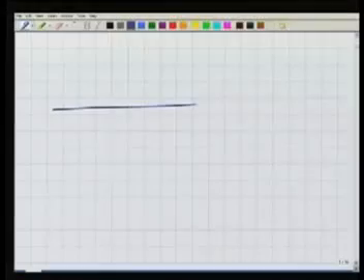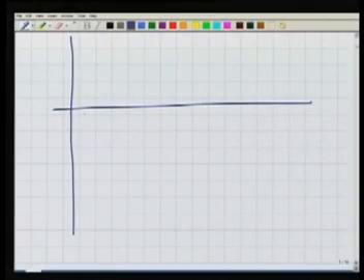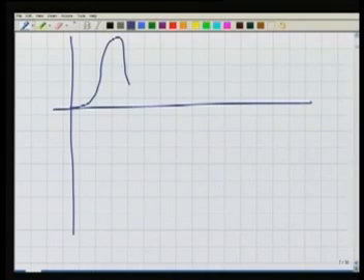Now, what happens in this case? The pulse which was fired is fired at a time, let us say t1, and here in this case we are making use of the centroid of the pulse for taking the measurement.